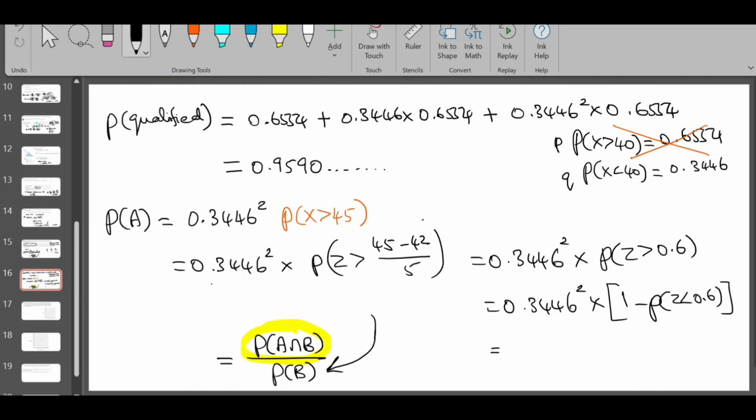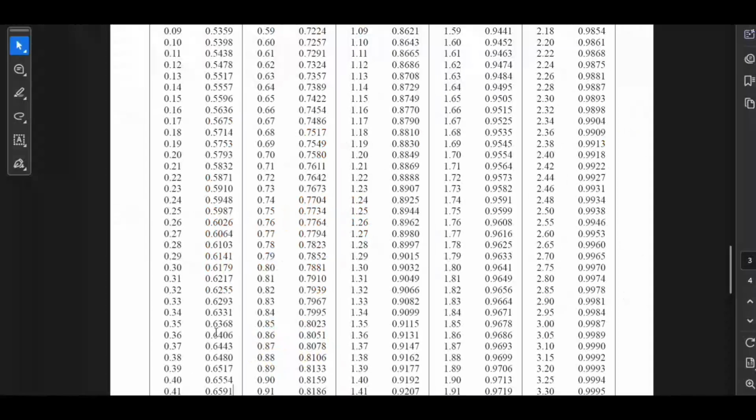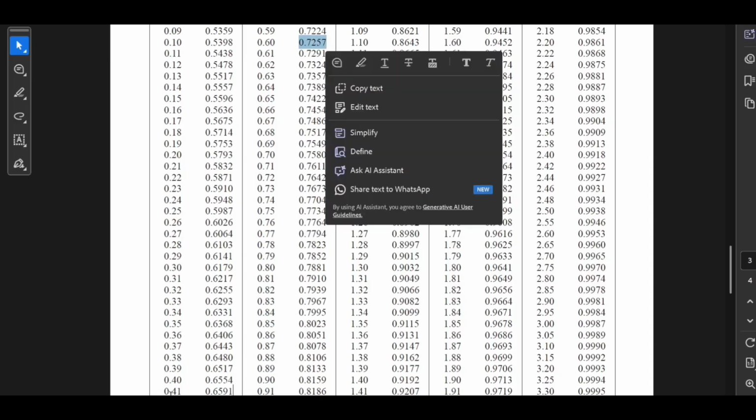So we need to calculate this actually. Let's look at the table value for 0.6. 0.6 is in here, 0.7257.